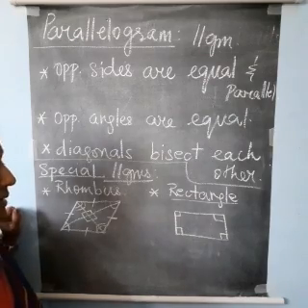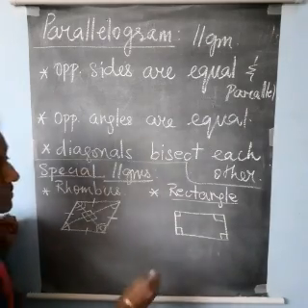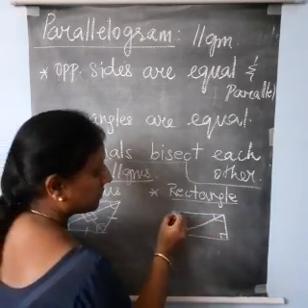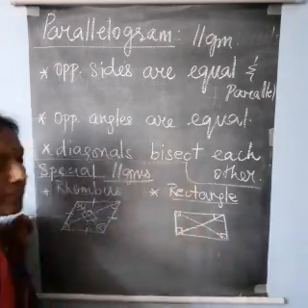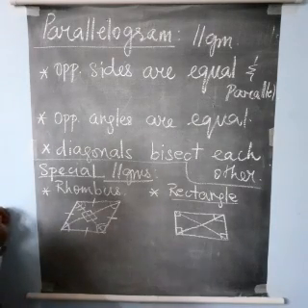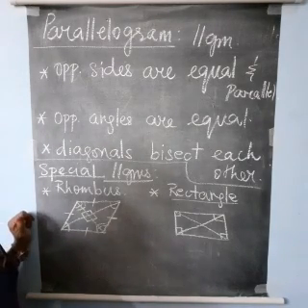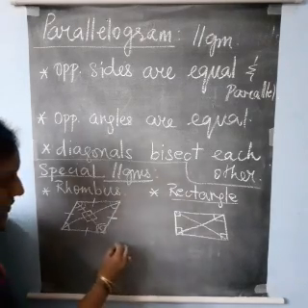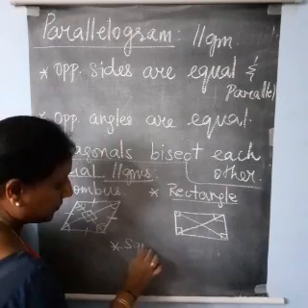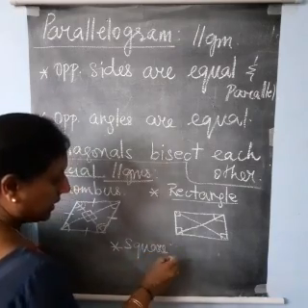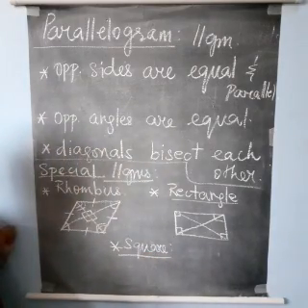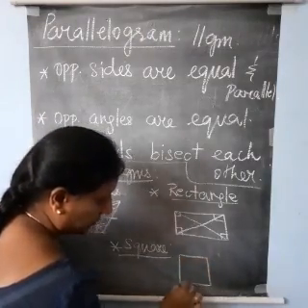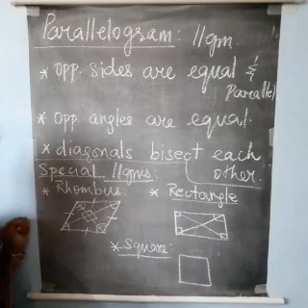So then the next thing is diagonals will bisect each other here also. And here the diagonals are also equal. So that is something you should know. The next property is for a square. Now in case of a square, what happens is, all sides are equal, opposite sides are parallel.